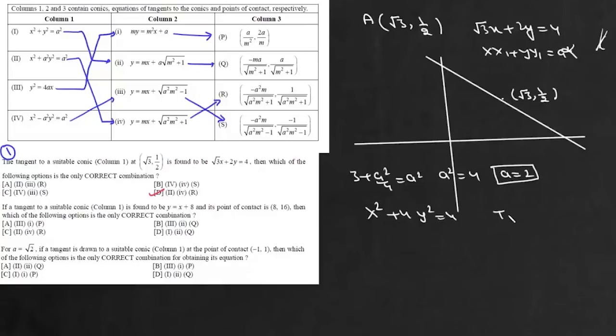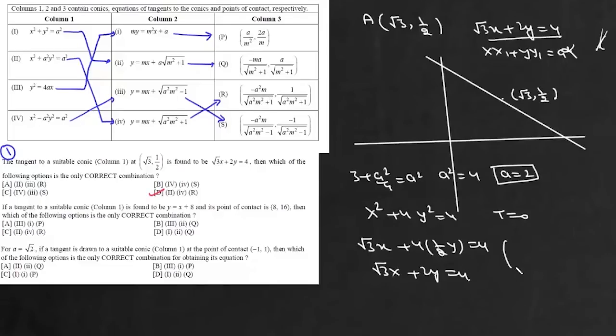Now the equation of the tangent is given by T equals 0. So there will be root 3x plus 4 into 1 by 2 y equals 4. So it will be root 3x plus 2y equals 4, which is this given option. Now we have to verify this point of contact.